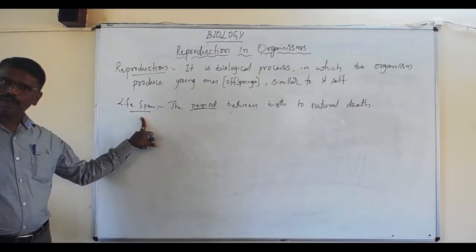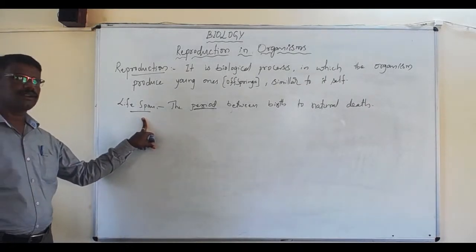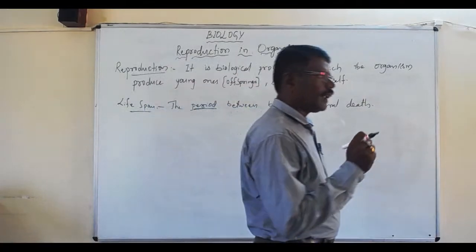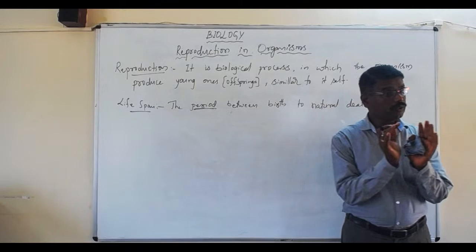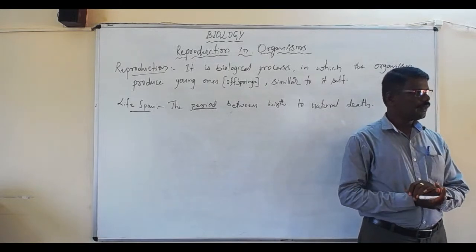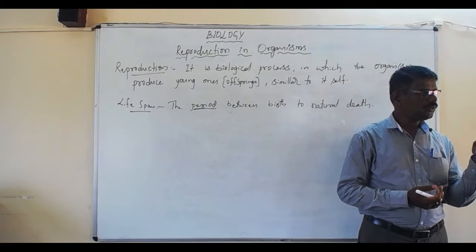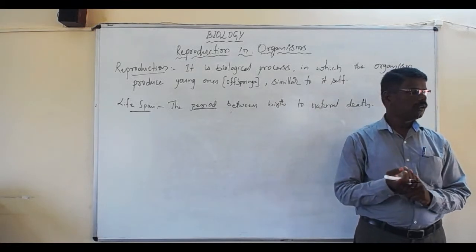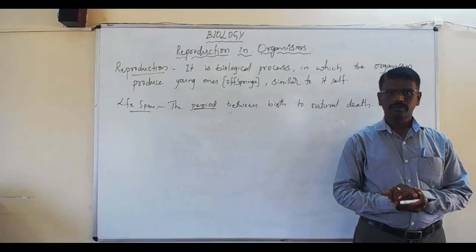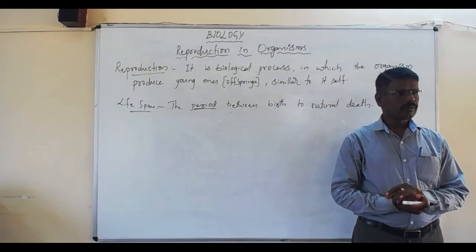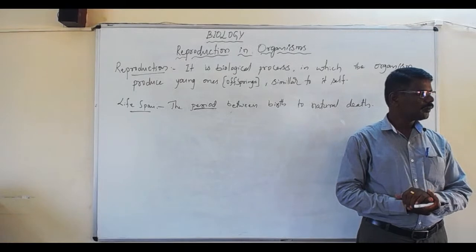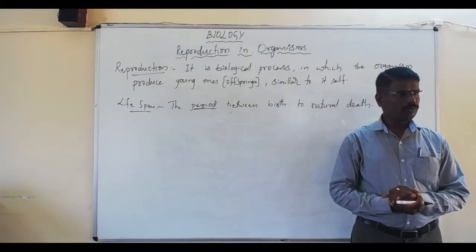The lifespan of every organism is different. Even the lifespan does not depend upon the size of the organism. Sometimes the organism size is the same, but the lifespan is different. A crow's lifespan is nearly 20 years, isn't it? A parrot may be of similar size, but its lifespan is more than 140 or 150 years.